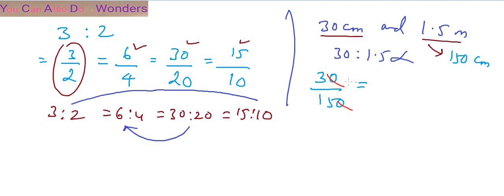Cancelling the 0, 3 by 15 is 1 by 5, or 1 is to 5. So the ratio between these two lengths, 30 centimeter and 1.5 meters, is 1 is to 5. Again, because the units are the same, the ratio has no units, because these are centimeters, so we can cancel them.